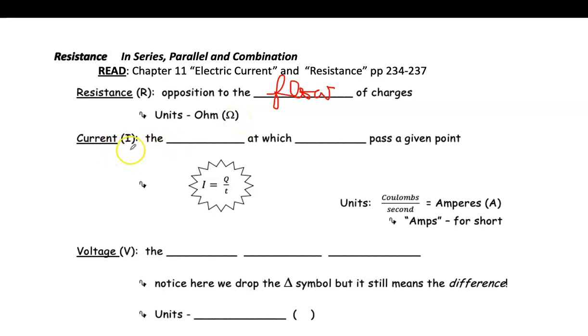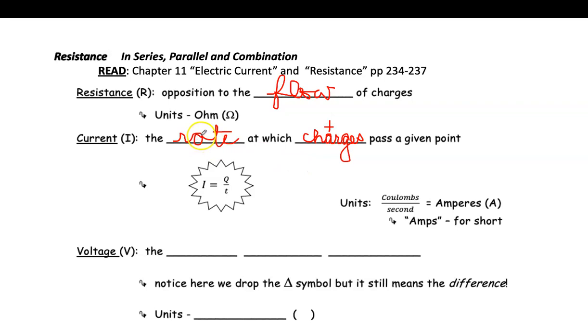Current, which we've talked about before, is the rate at which charges pass a given point. And in particular, we're going to be talking about positive charges. I know it's the electrons that move, but remember, it was Franklin who came up with all of these, what's positive, what's negative. So we're stuck with conventional current.